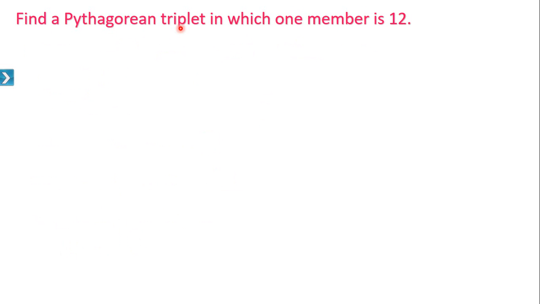Now, find a Pythagorean triplet in which one number is 12. Now, the formula to find a Pythagorean triplet is 2m, m square minus 1, m square plus 1.